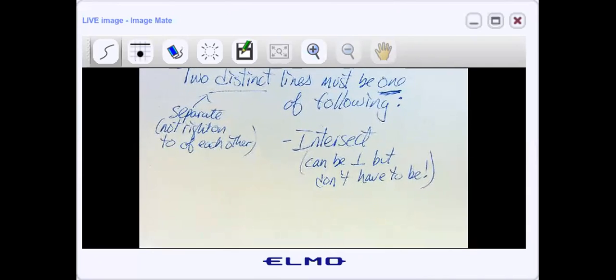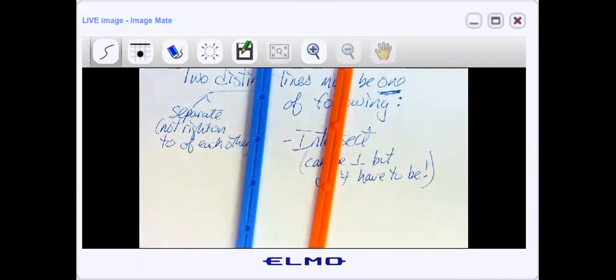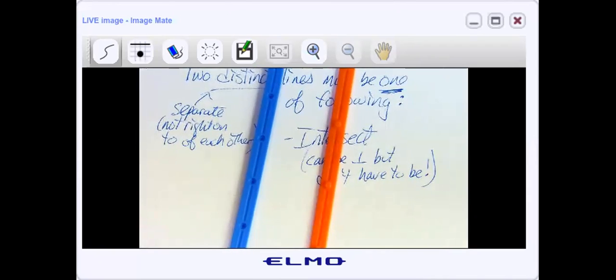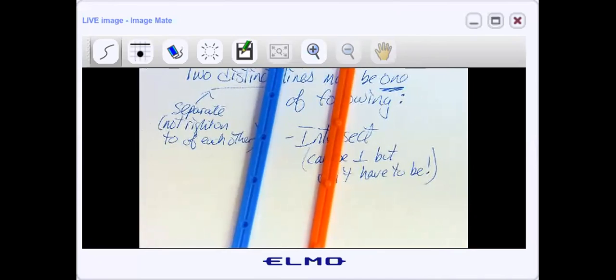Do two lines have to intersect? No, they absolutely do not have to, because we also have this scenario where they don't ever cross each other. They just go on forever and ever, and they never cross. But you need to be careful, because we've talked about this. They have to lie in the same plane.